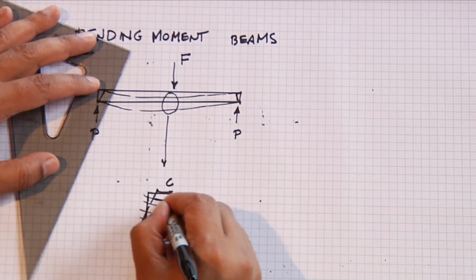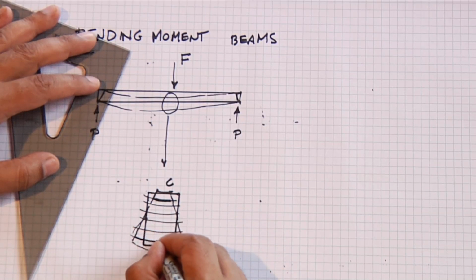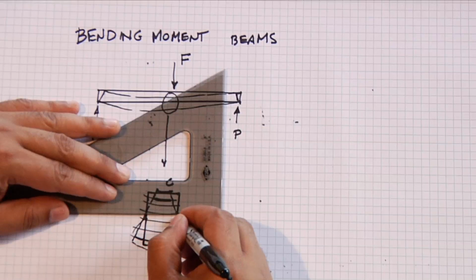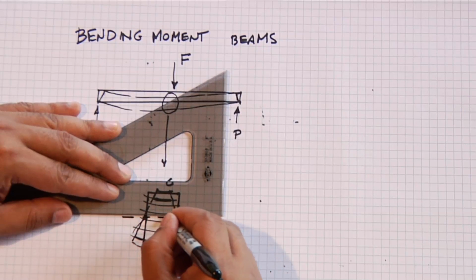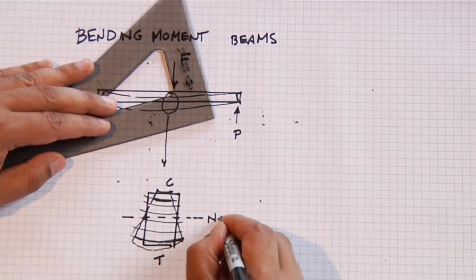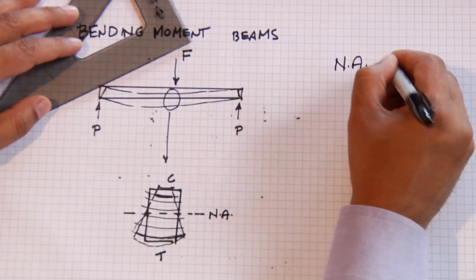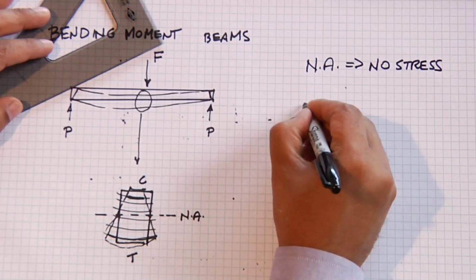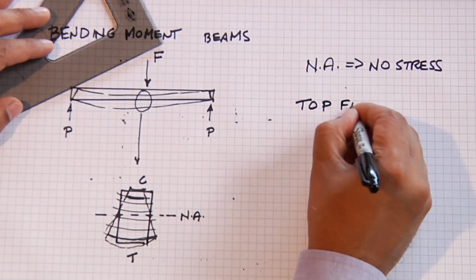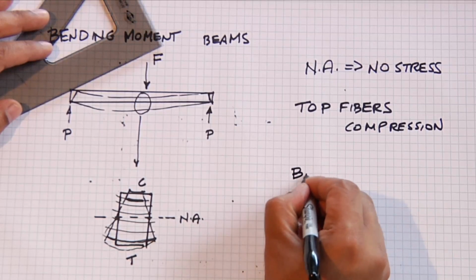are compressing on the top and they're extending on the bottom. And in the middle, nothing is happening. We call that the neutral axis. So at the neutral axis, we have no stress. On the top fibers, we have compression.